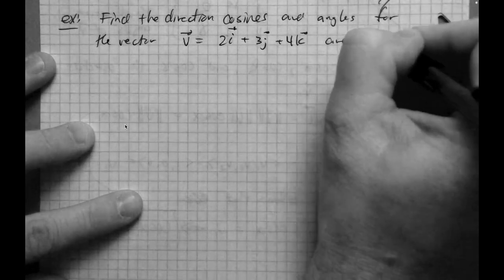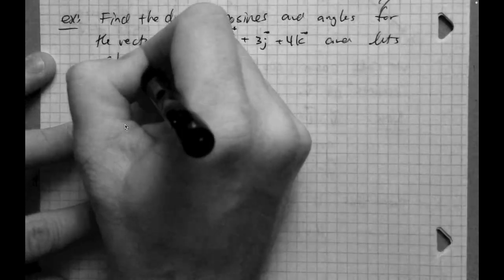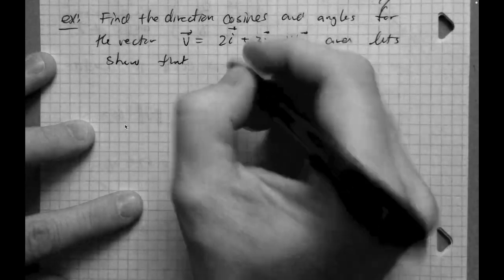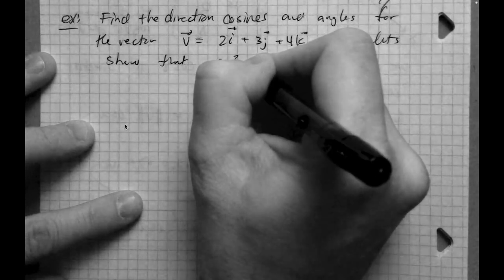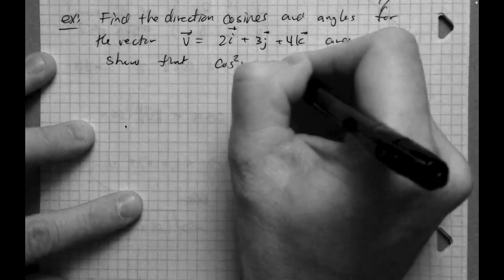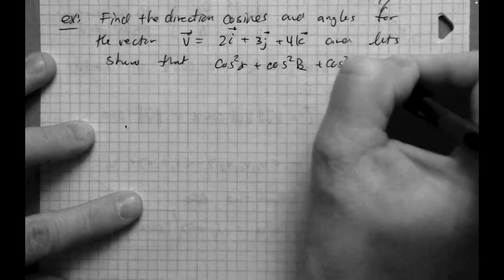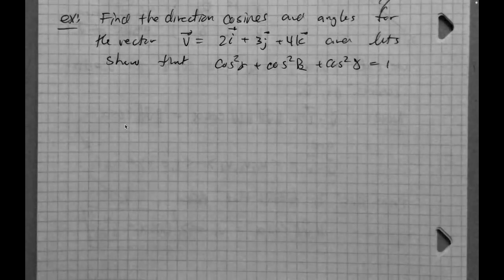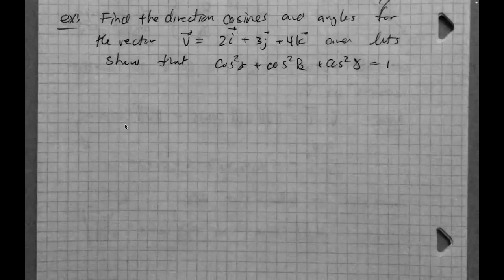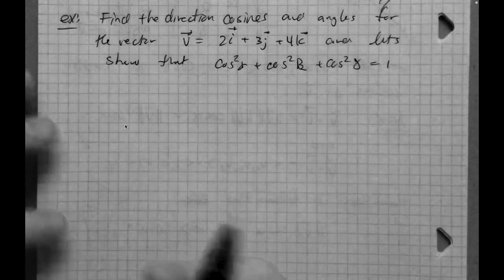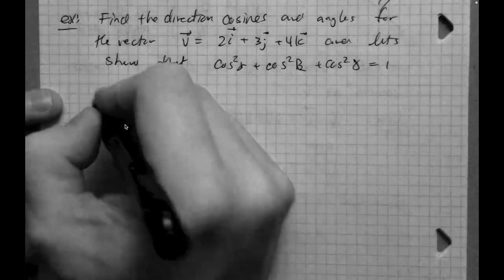And let's show that cos squared alpha plus cos squared beta plus cos squared gamma equals 1 for this particular vector and its direction cosines. So first thing we're going to need is the norm of v.